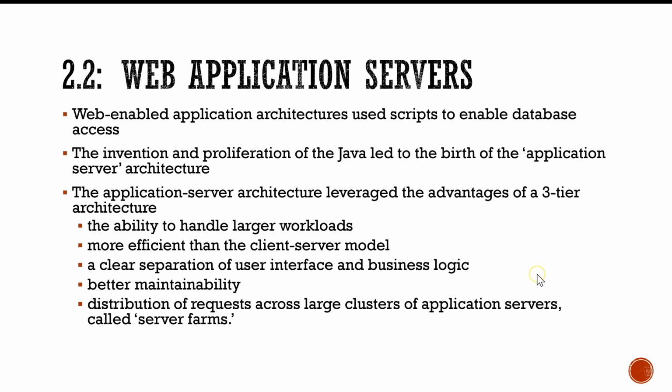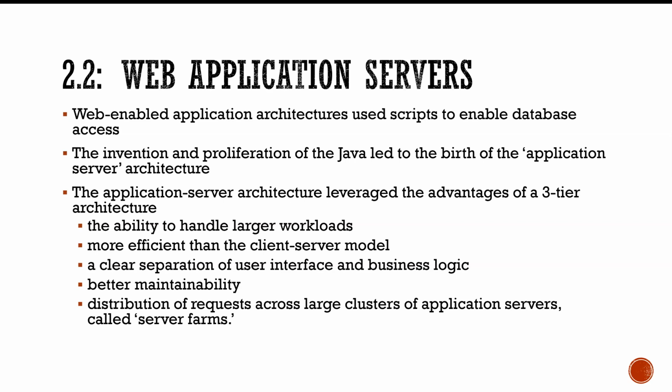Web-enabled architectures typically will use JavaScript. The proliferation of Java led to the birth of application servers, Apache servers, and IIS, which is Microsoft's web server. Those servers have been widely used for sending and receiving data from a client to a server across the network.